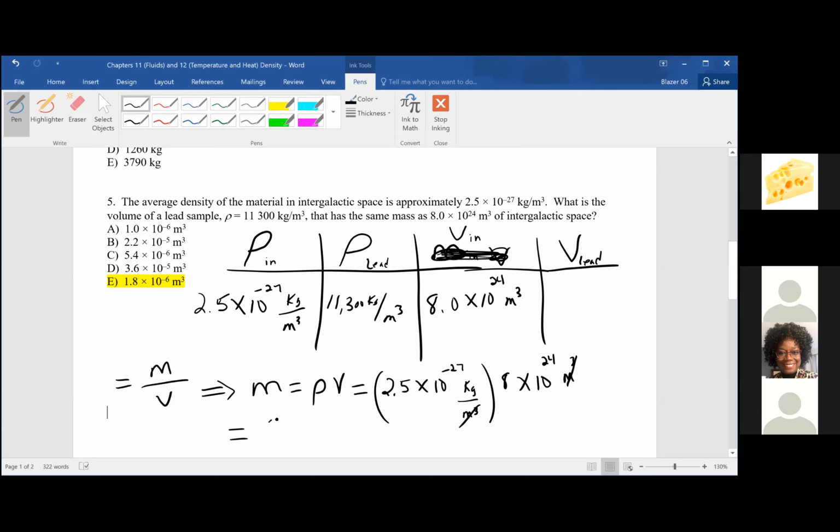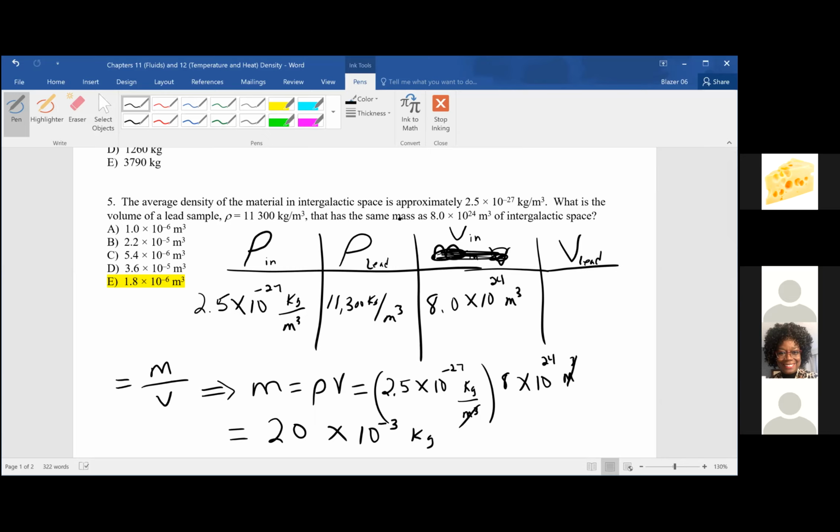So we have 20, 2.5 times 8 times 10 to the minus 27 and positive 24 will give us a minus 3. This is kilograms. So this is our new mass. In other words, this is the mass. It says it has the same mass. So now we know the mass of our lead. So now we can find our volume.